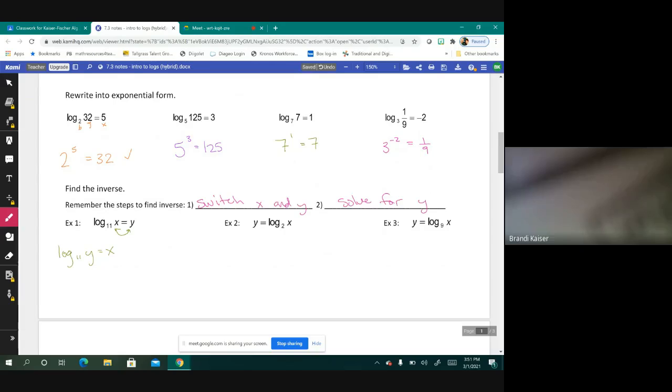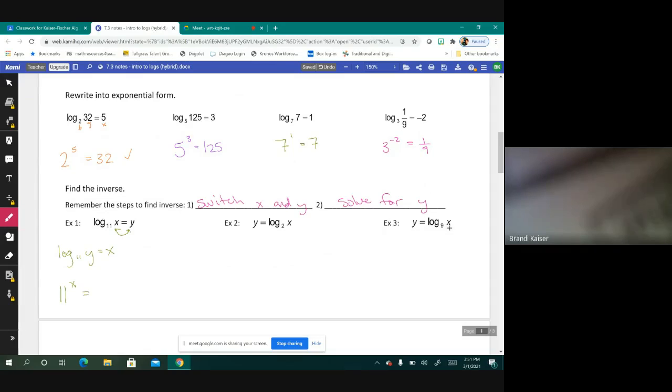And this is where we have to use its inverse. So if logs and exponentials are inverses, I'm going to change this equation into an exponential. And ideally, that would be what the inverse should look like. So if it's log base 11 of y equals x, my base number is the 11. My exponent is the x.